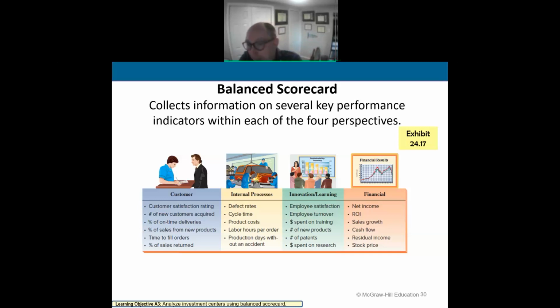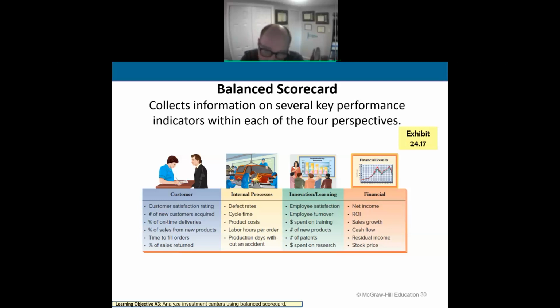Companies also look at the internal processes. Internal processes are best understood based off what happens at each step of the process within the company. This example is an auto manufacturer. We look at things like defect rates, cycle time, product costs, labor hours, production days without an accident.